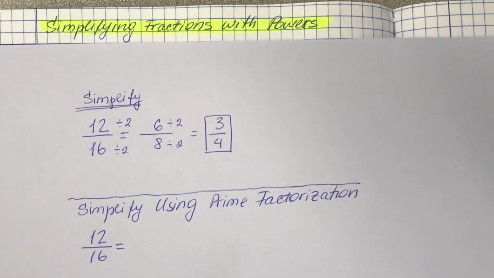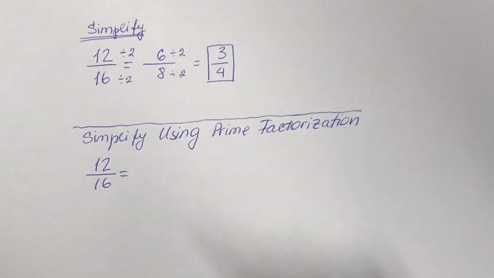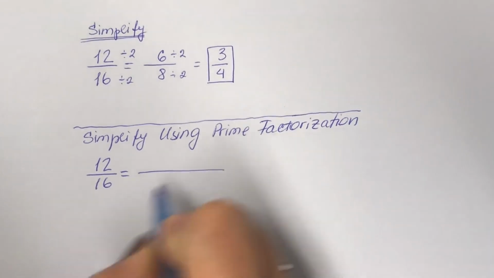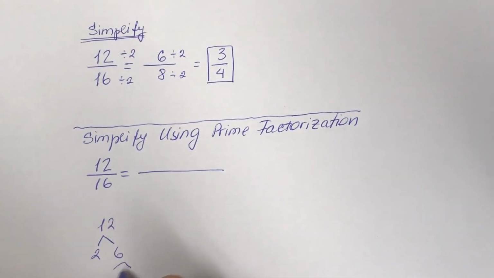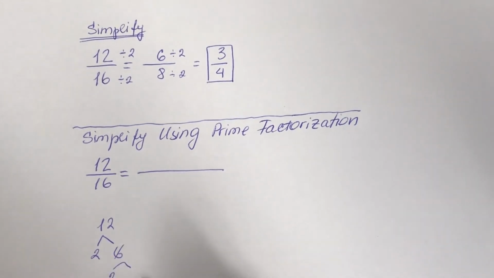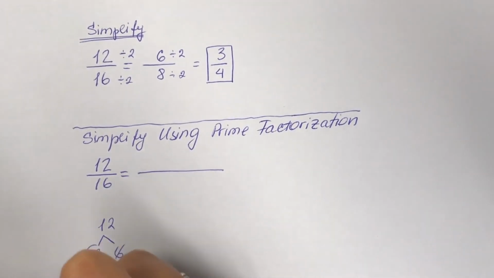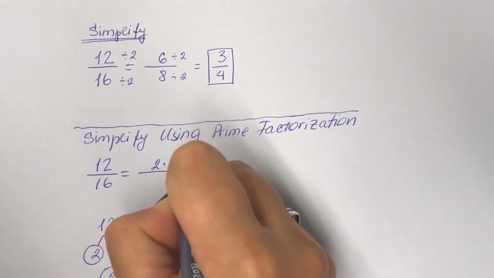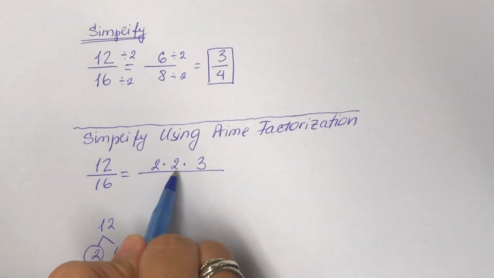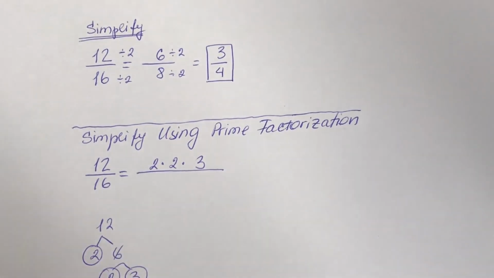And another way of simplifying was using prime factorization, where 12 can be written as 2 times 6, where 6 is 2 times 3. So the prime factors of 12 would be 2 times 2 times 3. 2 times 2 is 4, and then 4 times 3 is 12.